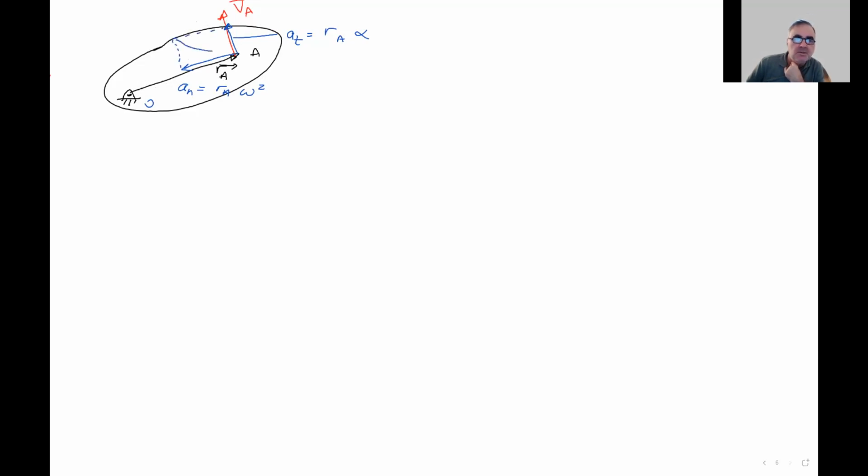It's the vectorial addition of tangential and normal components. So this is AA. I'm hitting the top of the screen, so I cannot draw it.